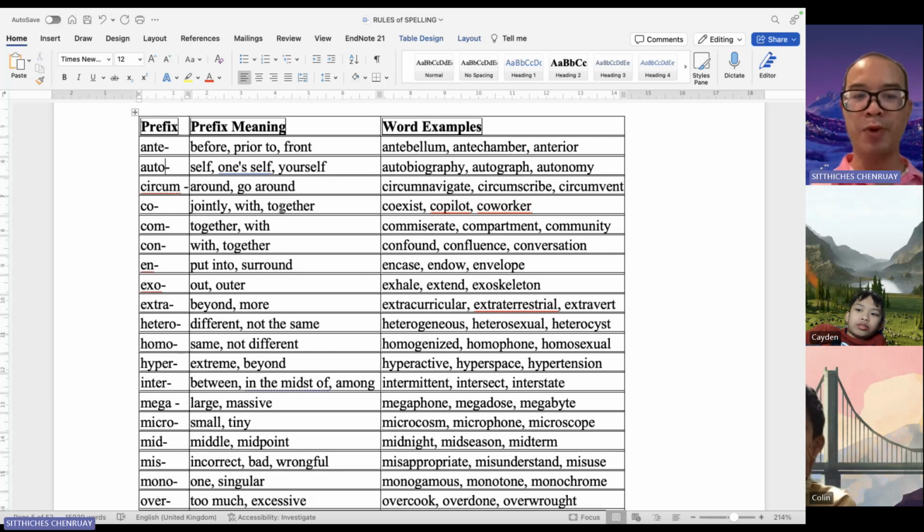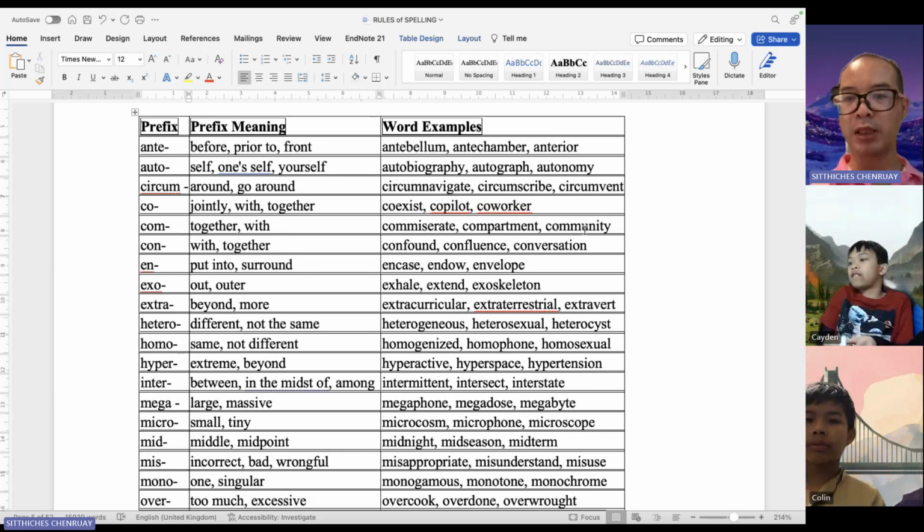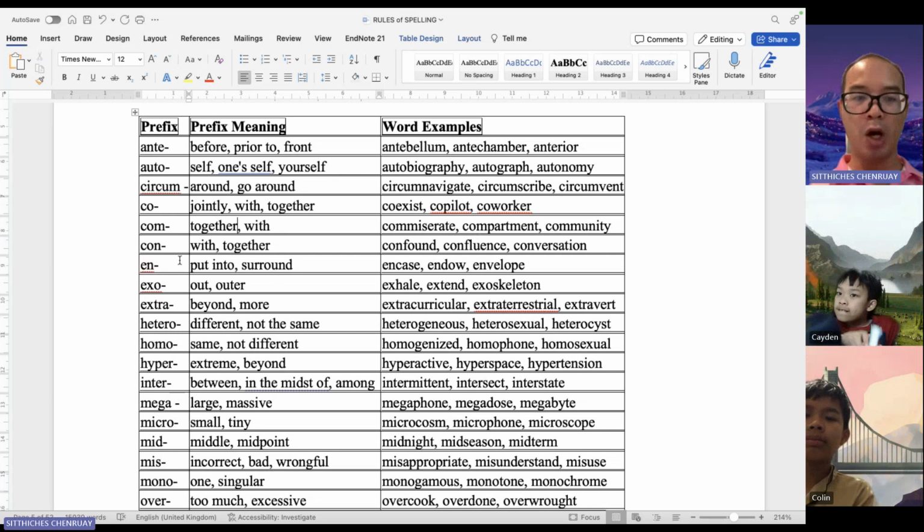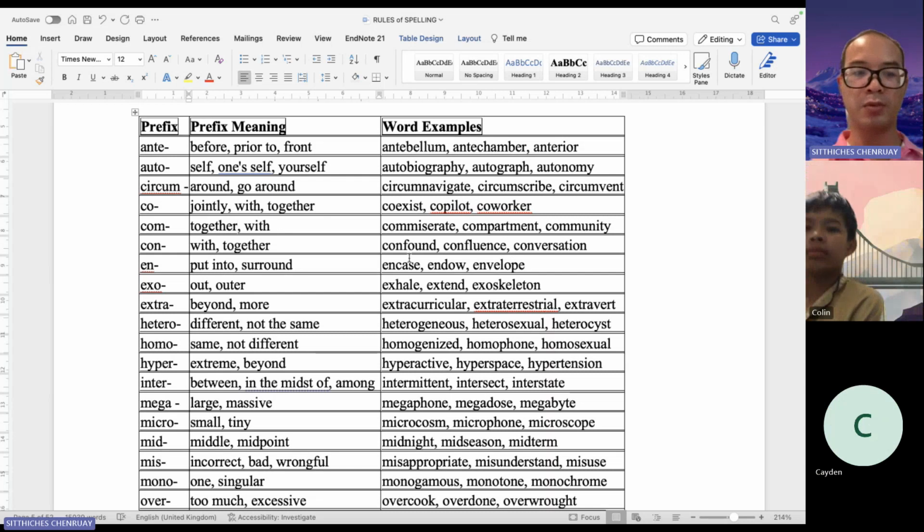Co means jointly with, together: coexist, copilot, co-worker. Com, together with: commiserate, compartment, community. Con, with or together: confound, confluence, conversation.